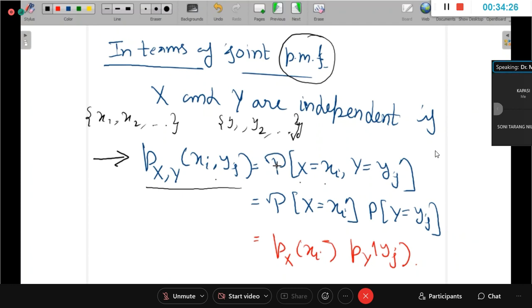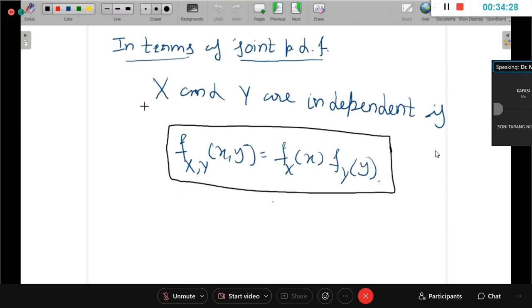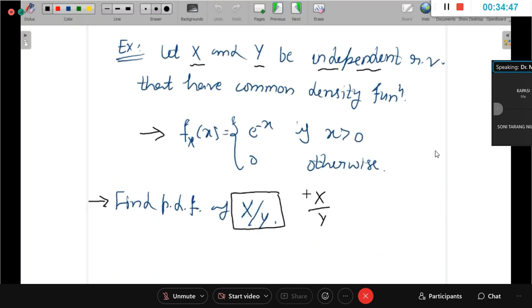In a similar fashion, you can write it for the continuous case. So I have given you the definition of independence in terms of CDF, PDF, PMF, and the original definition.